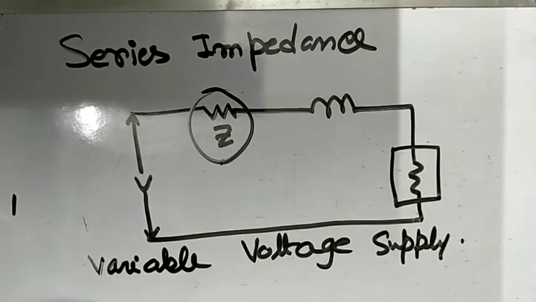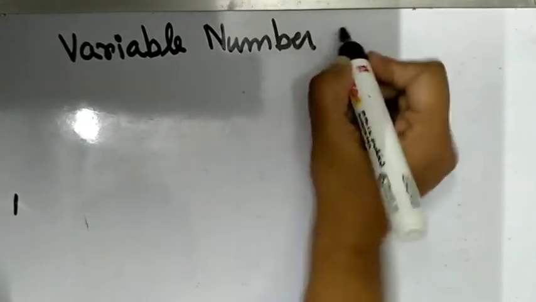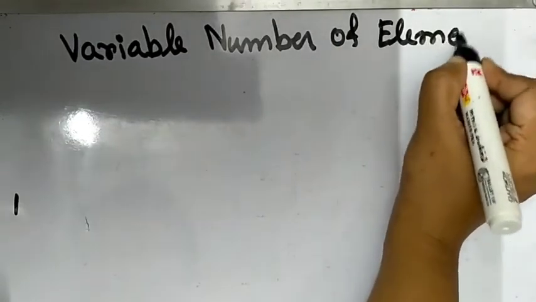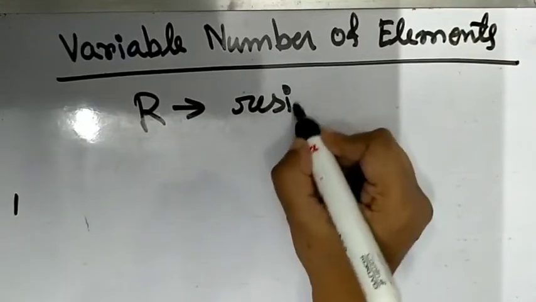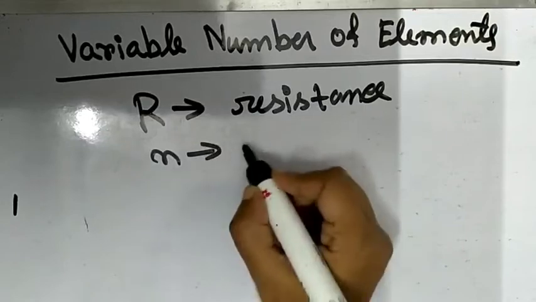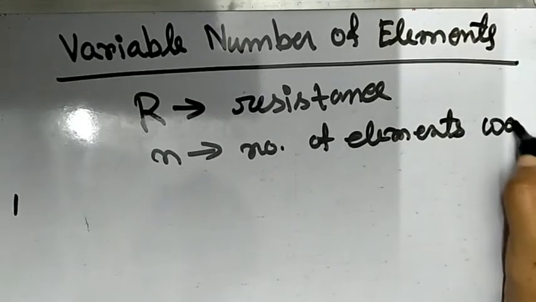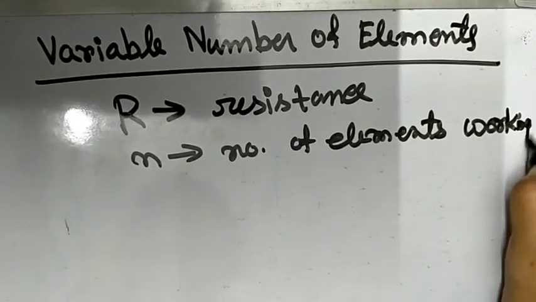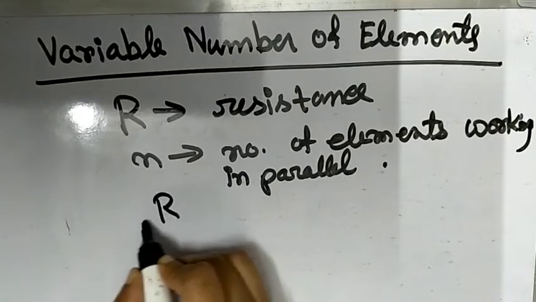If R be the resistance of one element, and N be the number of elements working in parallel, then total resistance of the element is R by N.